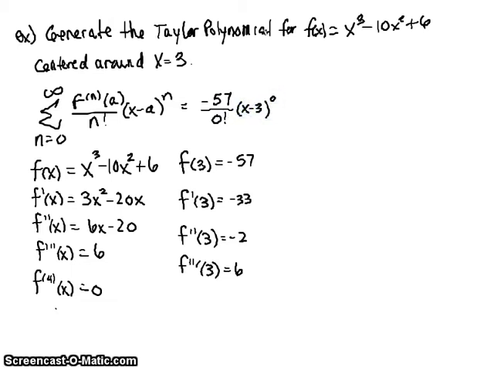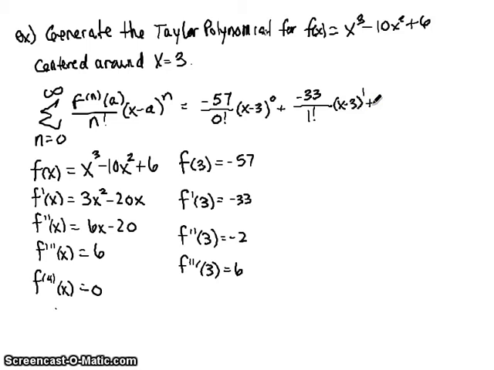So when I plug n in to the nth derivative of f at a over n factorial times x minus a to the n, that's what I get out. Then, since it's a sum, we add the next term. If I plug 1 in for n, that's the first derivative, which we found as negative 33, over 1 factorial, times x minus 3 to the first power.